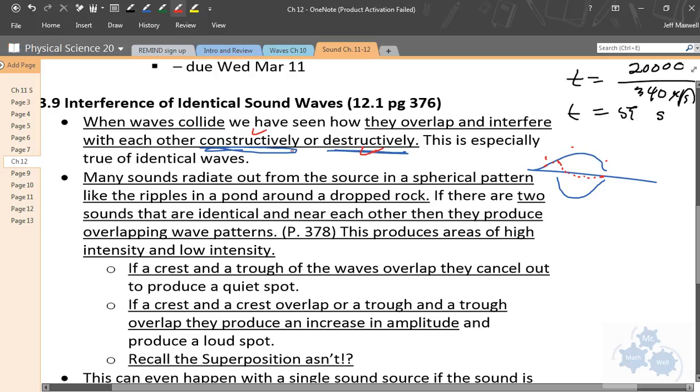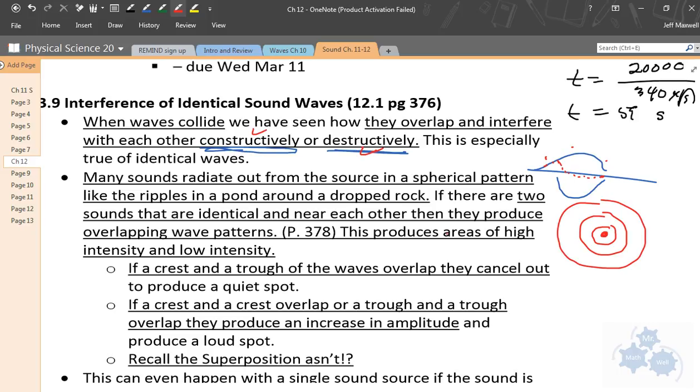When we talk about sounds, many sounds radiate from a source in a spherical pattern. If you have a speaker or a sound source, like a person talking, the waves emanate out just like when you drop a rock in a very still pond or lake, and you see the waves emanate out from where the rock hit the water.